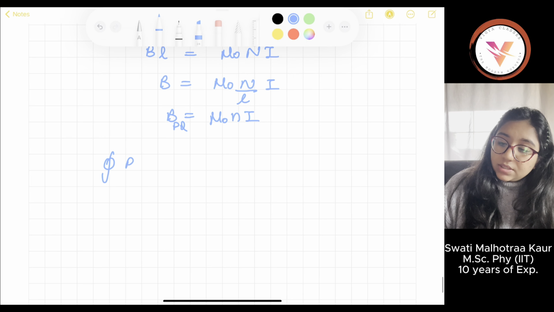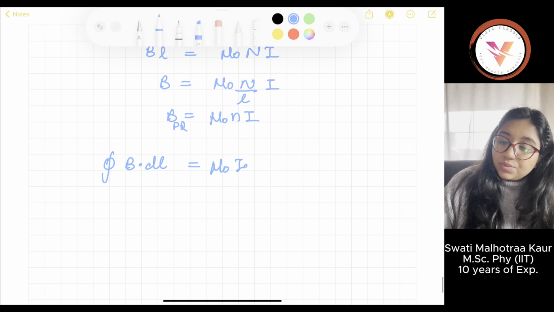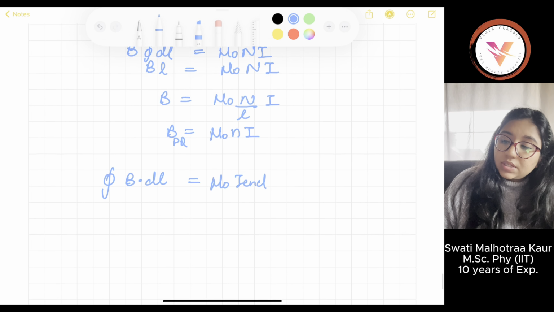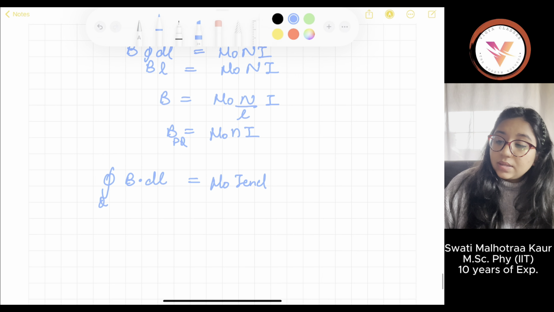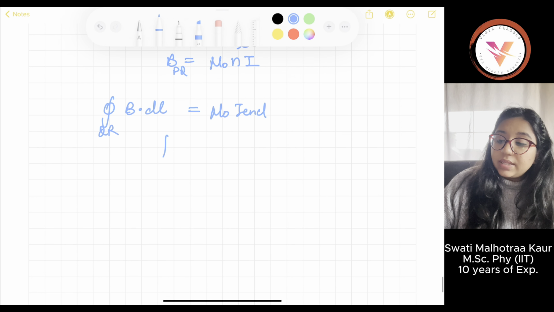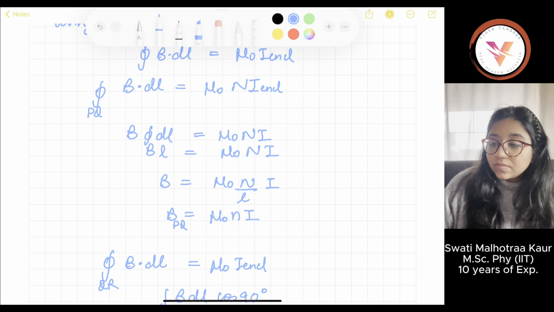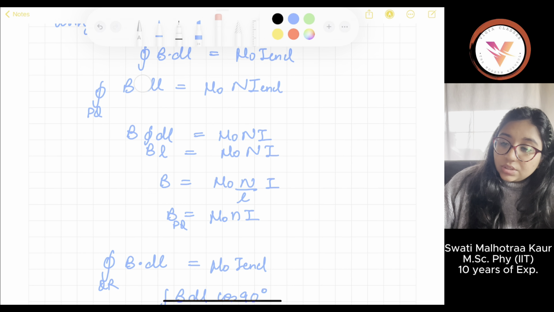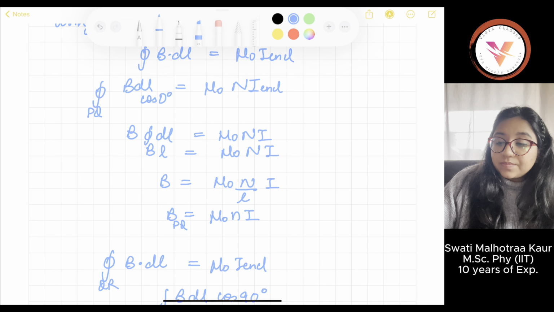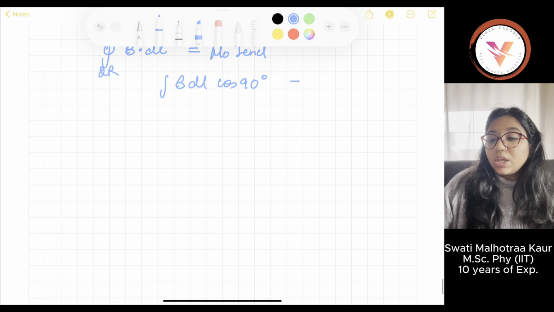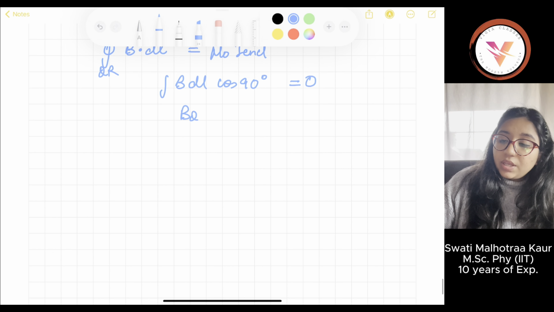So if you consider B dot dl is equal to mu naught I enclosed for length QR, then this will become B dl cos 90 degrees, which is 0. So B for QR is simply 0.